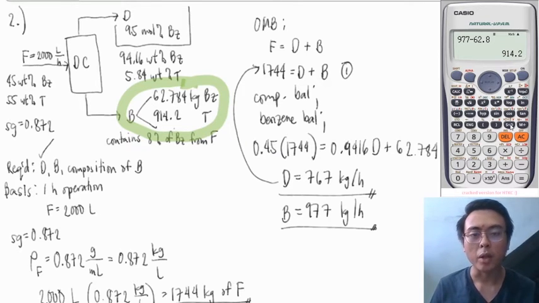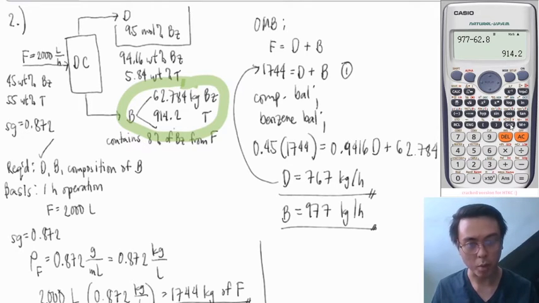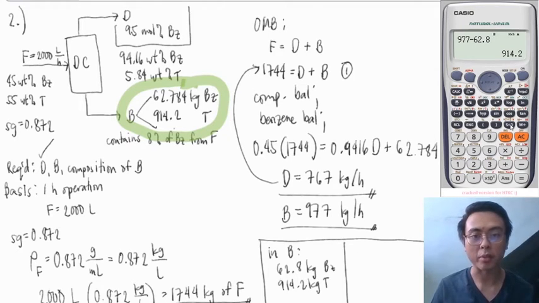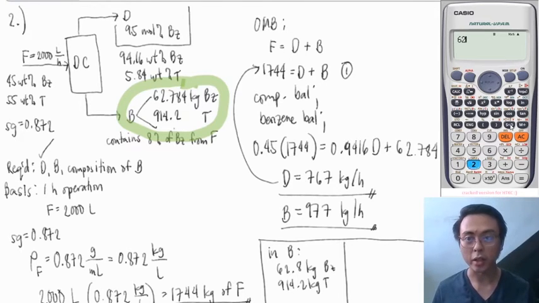But we are after the composition of B. So let's have a small box here. In B, you have 62.8 kilograms benzene. You have 914.2 kilograms toluene. And then if you convert that to percent by mass, you simply divide the mass with the total. So for benzene, that is 62.8 divided by 977.